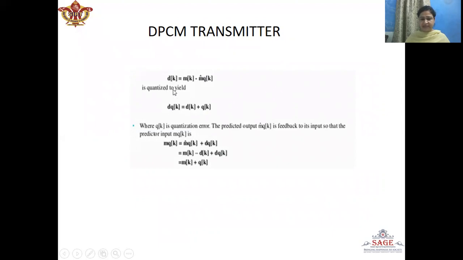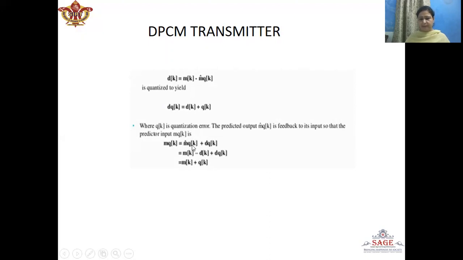Since it is a quantized value, we can say it is the sum of d_k and the quantization error q_k. The predicted output m̂_k is fed back to its input so that the predictor input m_qk is given as m̂_k plus d_qk. As we already know from this equation, m̂_k can be given as m_k minus d_k.